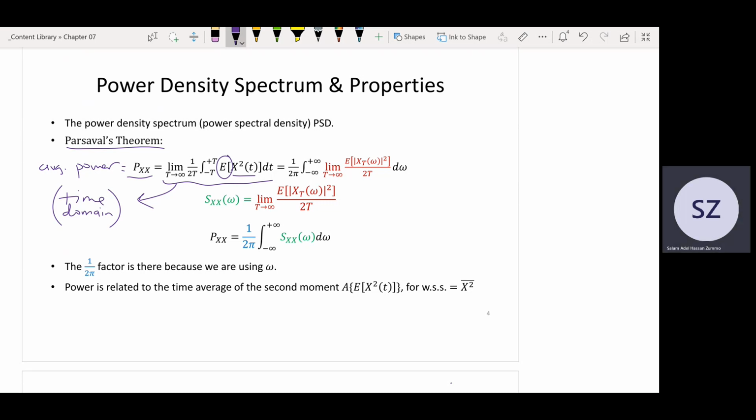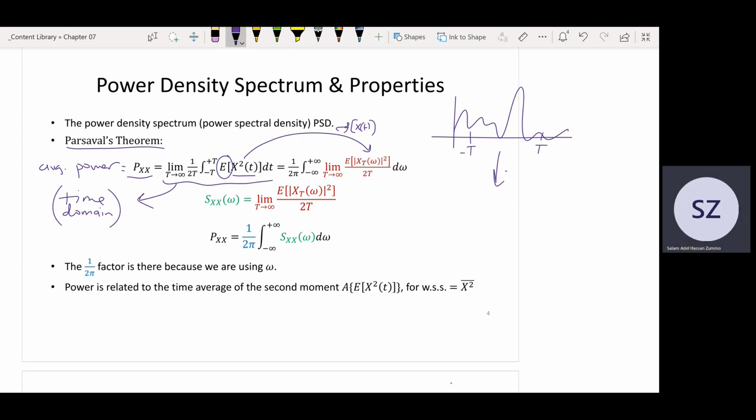Now in the frequency domain, we can do the same. I can take this x of t and take its Fourier transform. Right? I will get X_T of omega. So what I do is I have a random process, I take it from minus T to T, I take this function and take the Fourier transform.